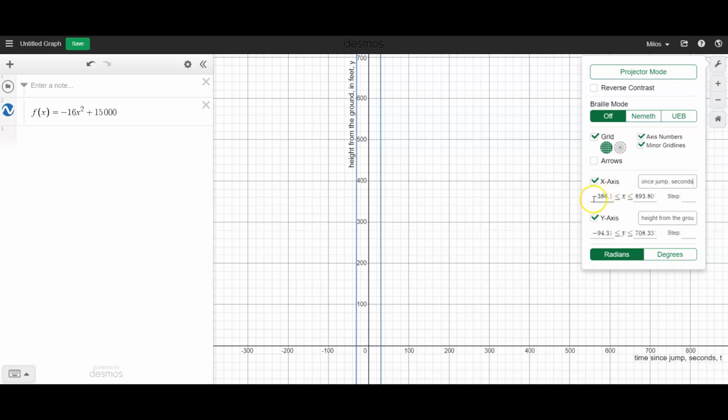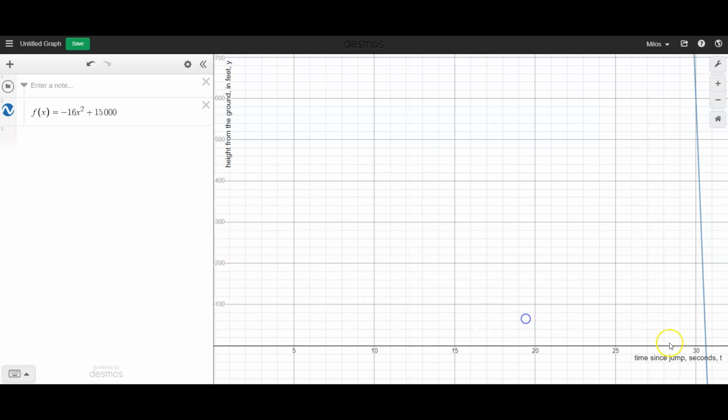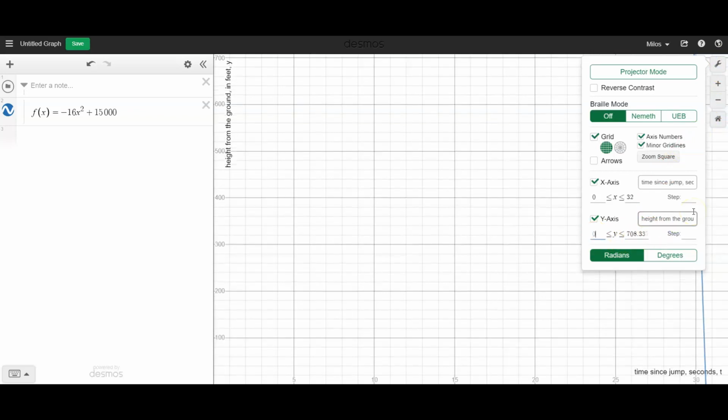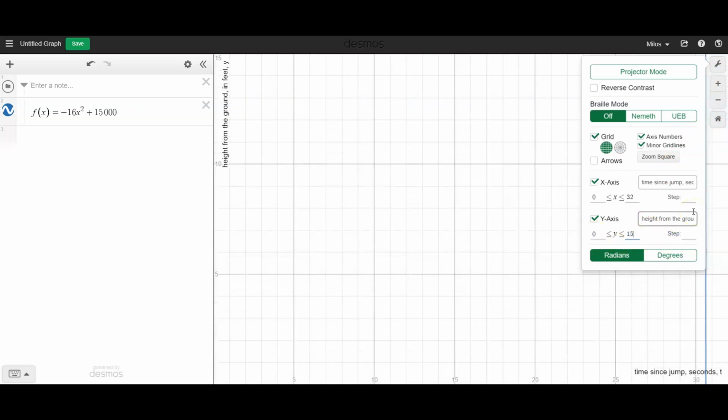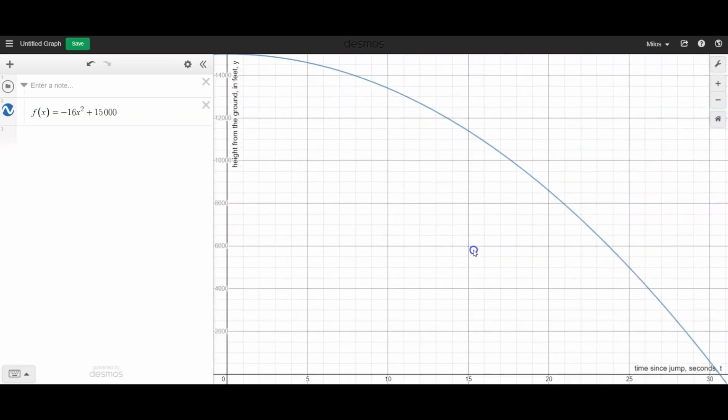Now I can change my x-axis range and go from 0 to, probably don't want to go higher than 30 or 32 seconds, because that's about the time the skydiver would theoretically hit the ground, although hopefully their parachute would come out. And now I'm going to go to about 15,500, so I get the full picture.